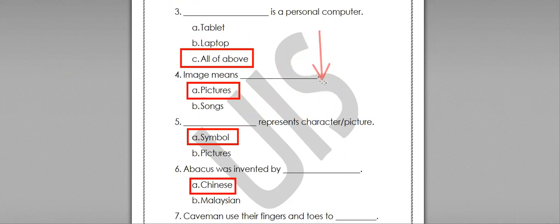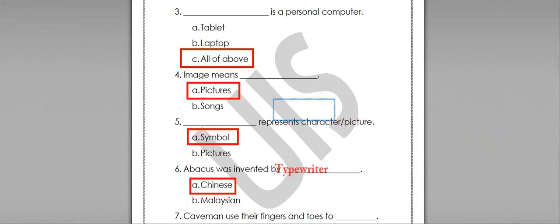What type of symbol represents the character or the picture? Let me just type some characters so that you will understand. These all are the symbols. They are not alphabets, they are not numbers, they are considered as symbols.